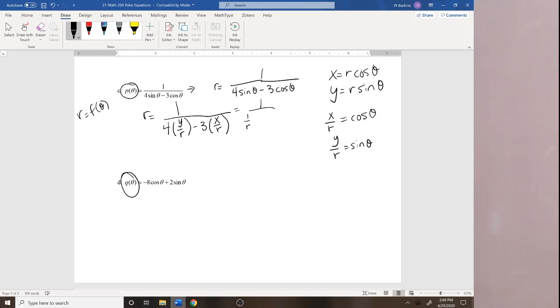So I have 1 over r out here times 4y minus 3x. And dividing by r is like multiplying by r in the numerator. And so if I divided both sides by r, it would disappear.